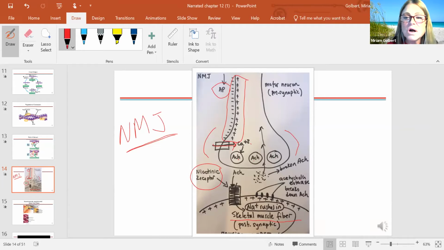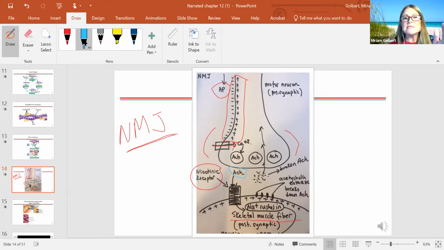So we have acetylcholine then coming in, and you can see how acetylcholine attaches to this receptor, which we say is a nicotinic receptor, because we're trying to create another depolarization in the skeletal muscle fiber.